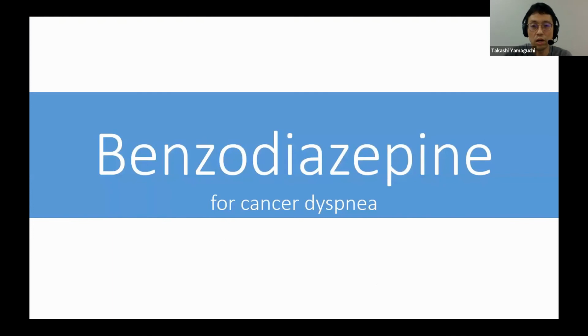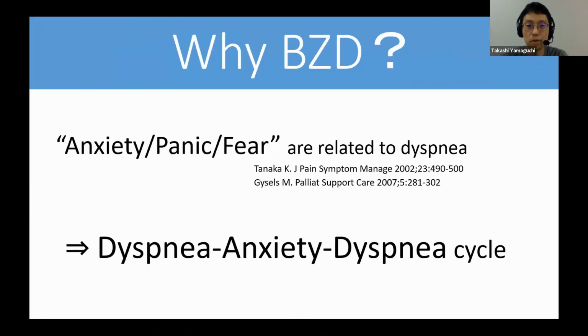So then, benzodiazepine. Many textbooks tell us that benzodiazepine is the treatment of choice for dyspnea in cancer patients. But why do we consider benzodiazepine use?